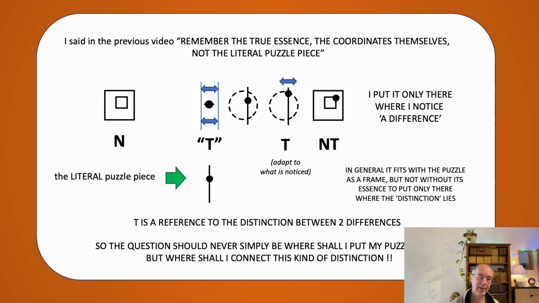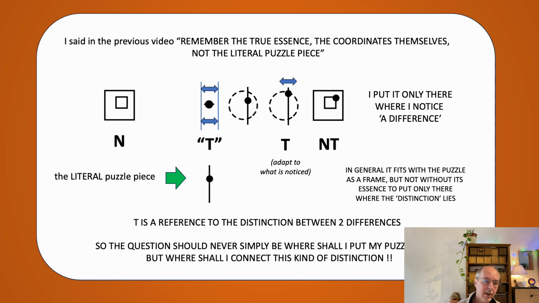Try to grasp that: the coordinates within the letters, not just the literal puzzle. I gave you some examples of how to have a frame, and this frame is essential with which to recognize the letters, but it's not the essence.